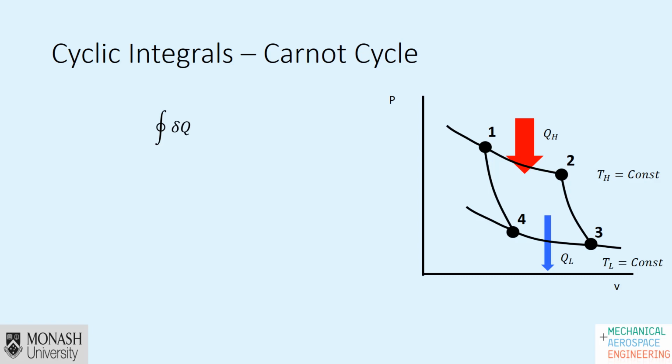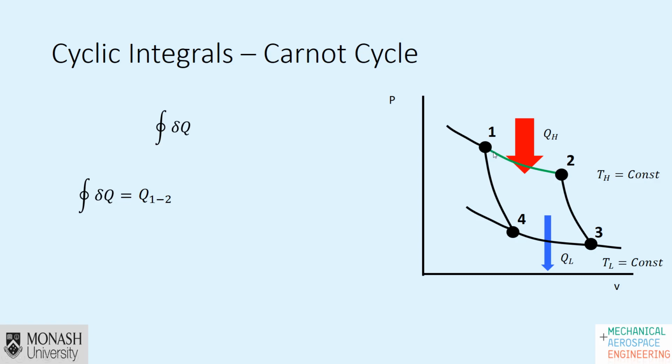And here we're going to use the most fundamental of all thermodynamic cycles, the Carnot cycle, with its two isothermal and two isentropic processes. So what would we say that the cyclic integral of heat transfer is in this case? Well, we'll start with our process that takes us from state 1 to state 2, which is our isothermal heat input, and we'll say that some amount of heat transfer occurs between state 1 and state 2.